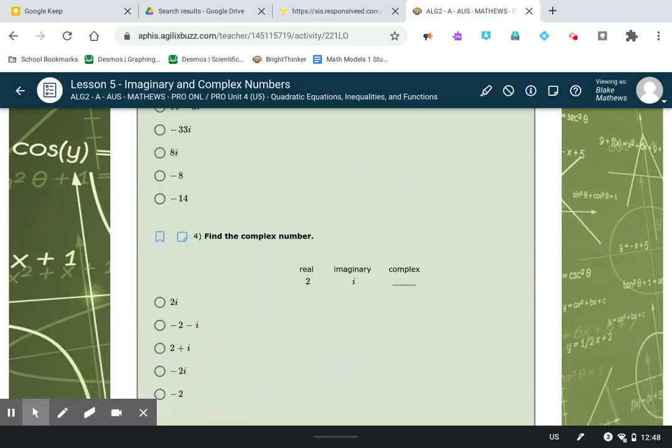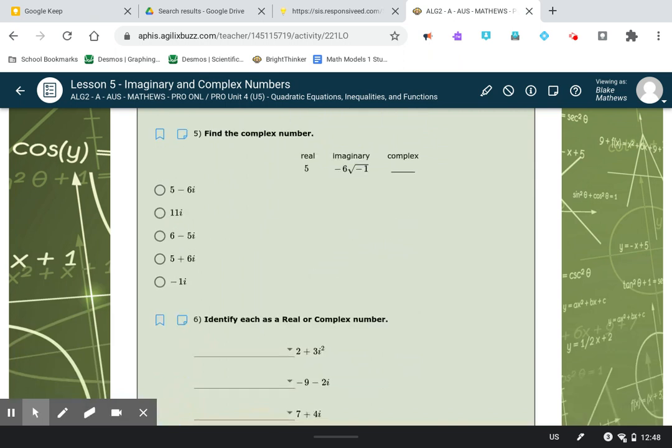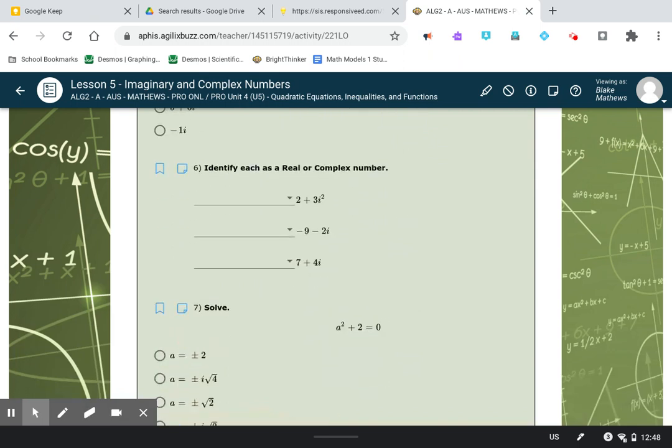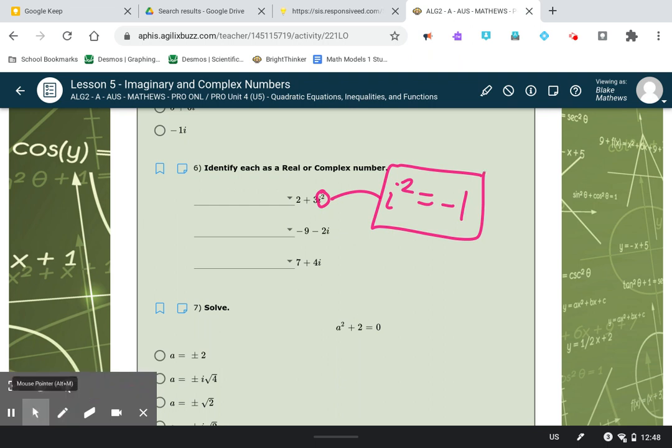That's what you're doing in number 3, number 4, number 5, and then in number 6, identify each as real or complex. The key here is whether or not there's an i squared, because remember, i squared equals negative 1, and so that actually isn't a complex number. So that kind of gave you the answer there, but that's cool.